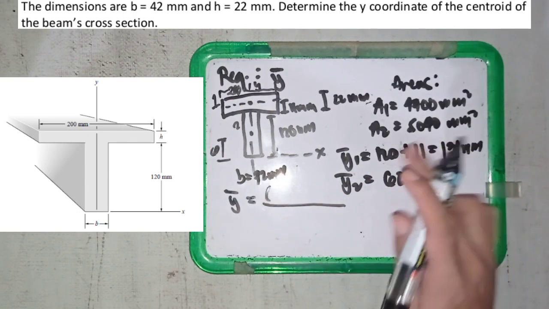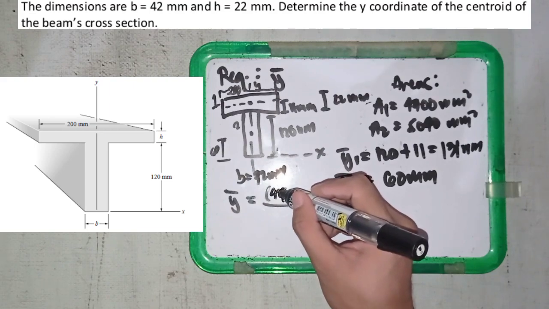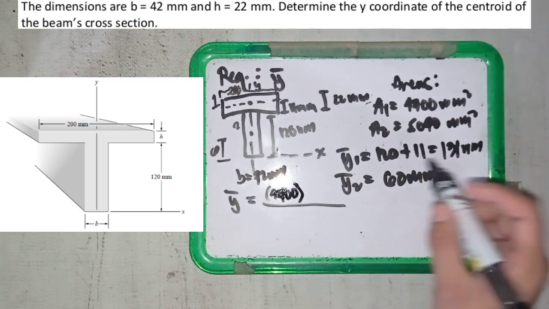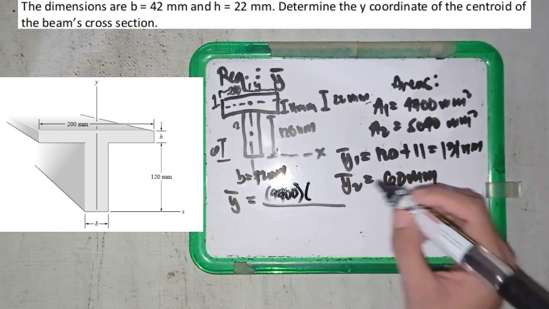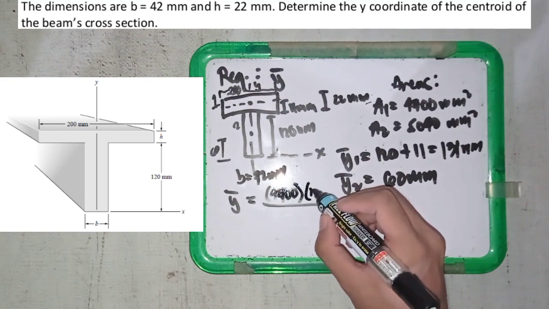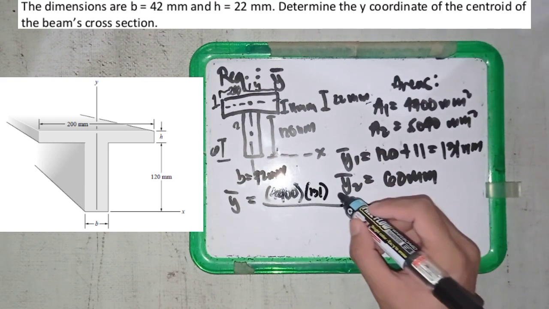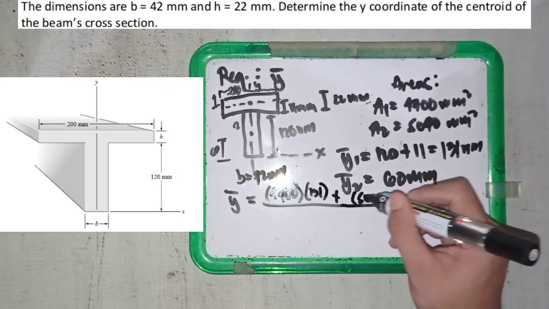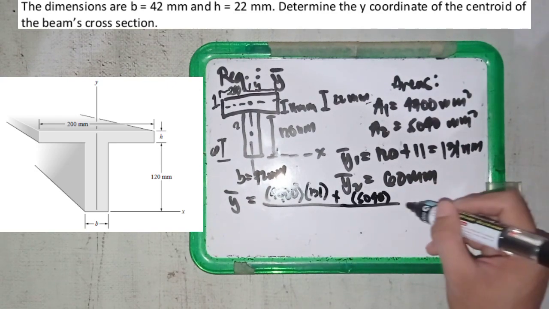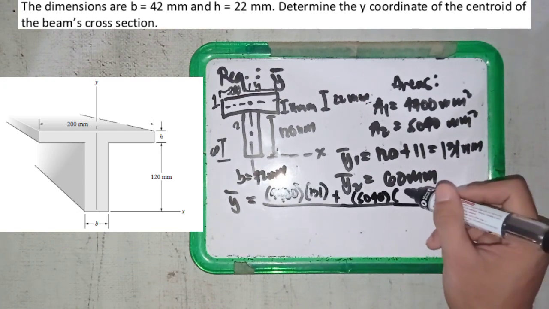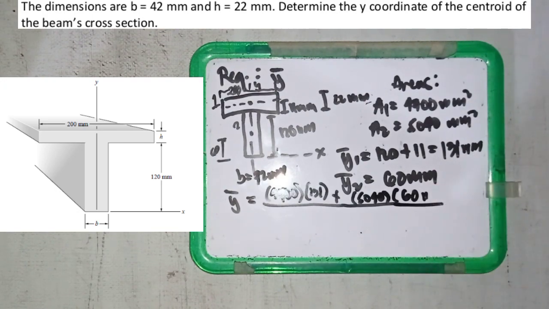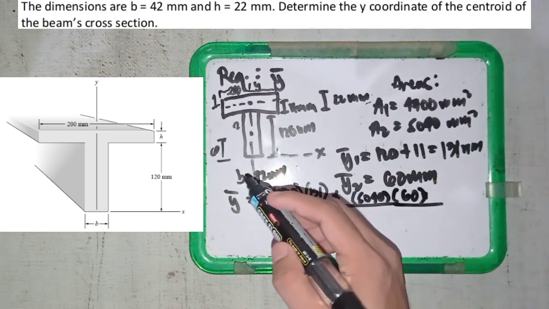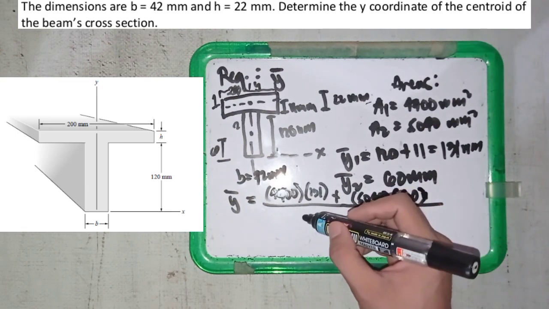So A1 is 4,400 multiplied by its corresponding y centroid of 131, plus for the second box 5,040 millimeters squared times 60 millimeters, and we divide by the sum of all the composite areas.